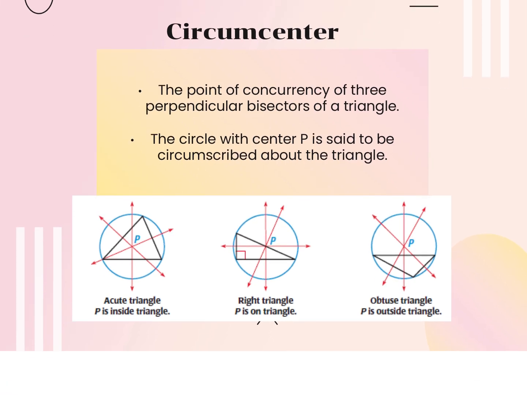For example, for the acute triangle, maybe think of the letters AI: acute, inside. For the right triangle, it's always located on the triangle, so maybe think right on. And for the obtuse triangle, it's always outside, so maybe think OO. Whatever's going to help you remember the location of this circumcenter.